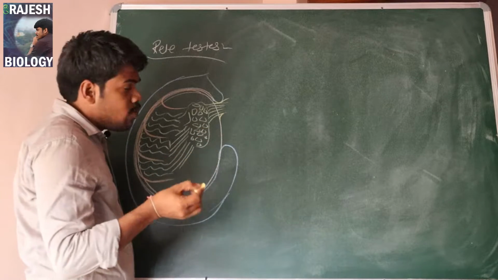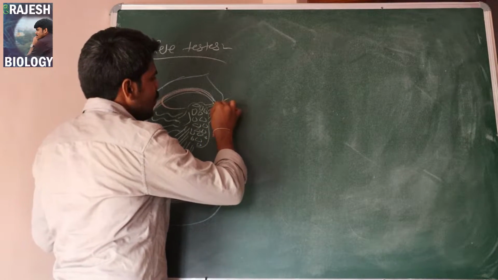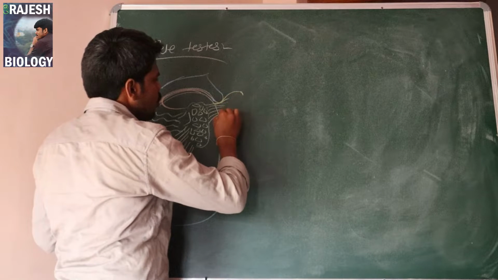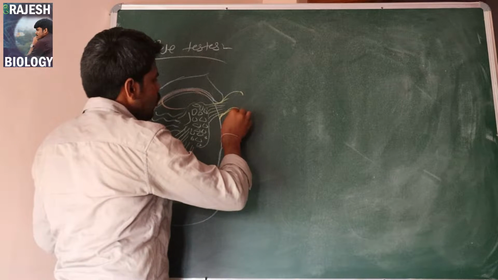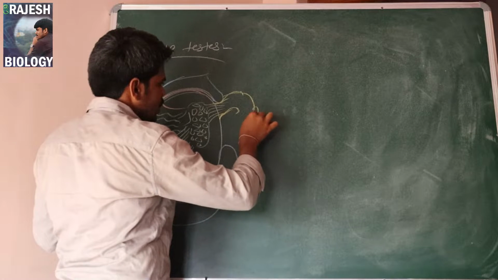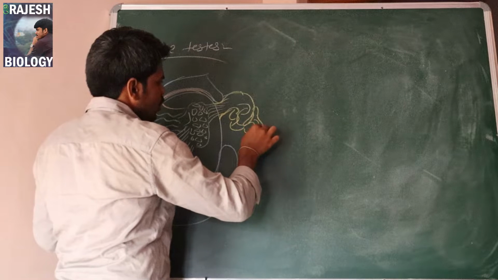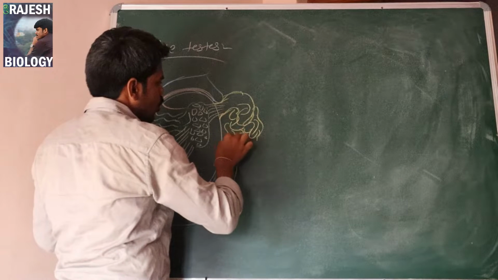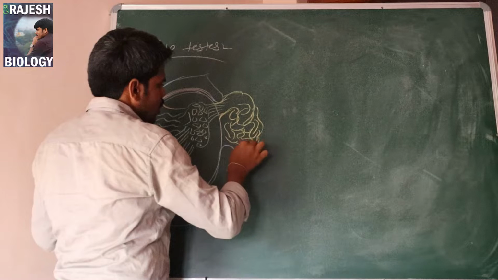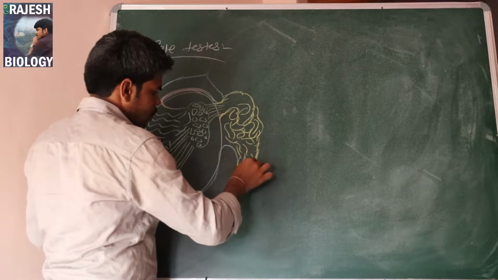Epididymis receives the sperm cells through the vasa efferentia, and epididymis is present on the posterior surface of each testis. So like this. It is a highly coiled tubule. Epididymis is also a highly coiled tubule, and it is present like this.